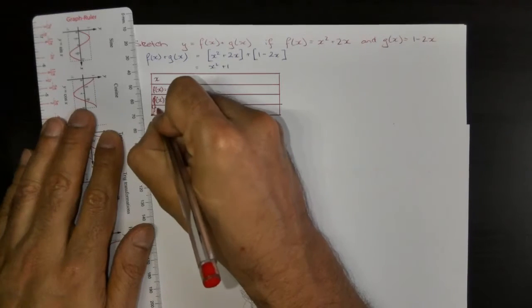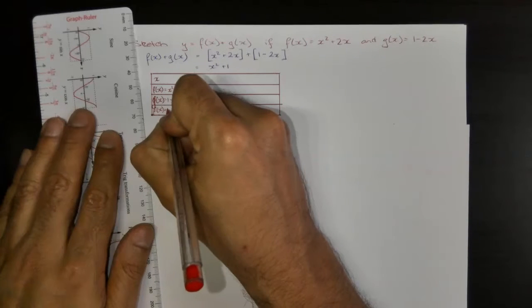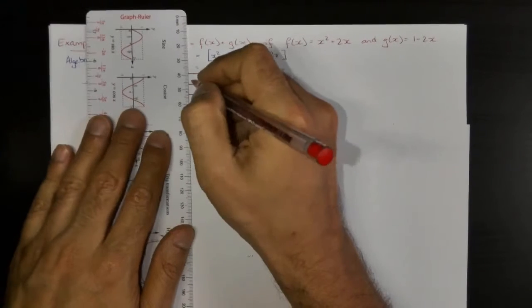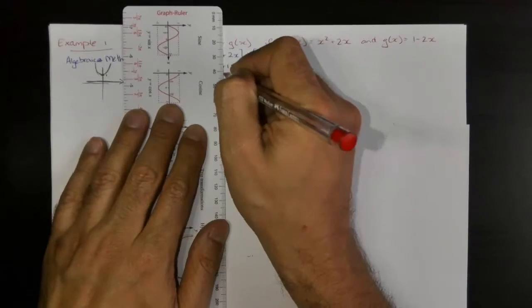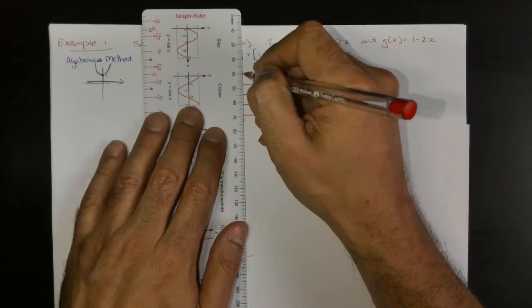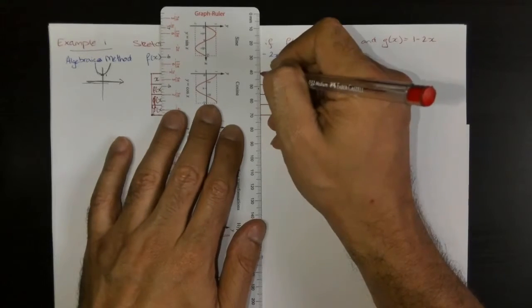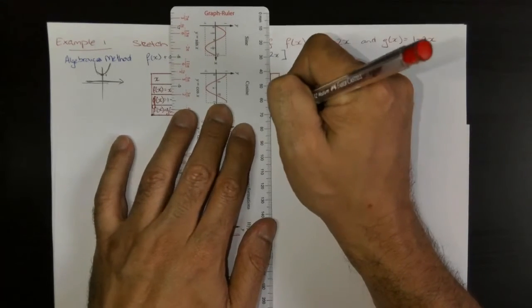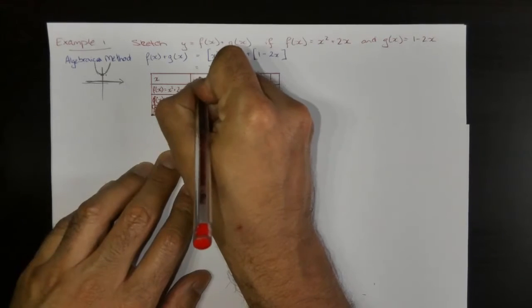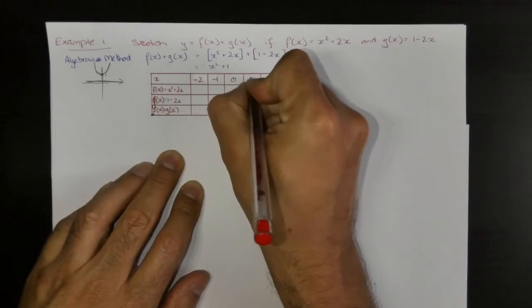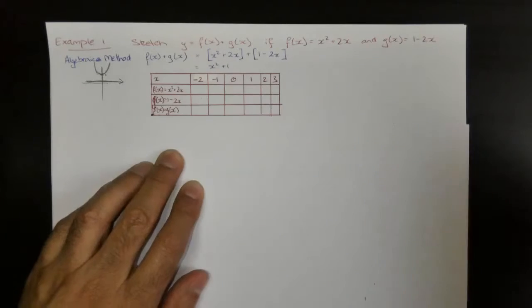And then we've got the sum of them. I'll just do a couple of points. Let's say -2, -1, 0, 1, 2, and 3.